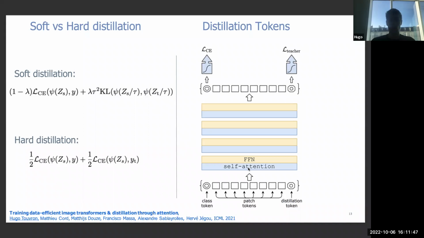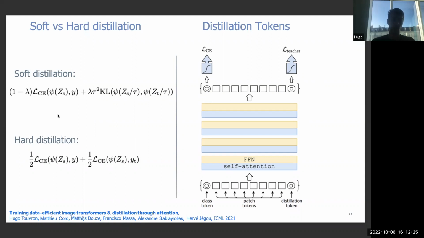The first idea is just to try to use the classical soft distillation loss, that is right here. But when we do that, we don't have good performance, maybe because the soft distillation loss is not very close to the classical cross-entropy loss, and the training of transformers is not very robust to change of hyperparameters, change of the loss. So maybe to have good performance with this loss, you have to adapt a lot of hyperparameters in the training. But we don't want to do that.